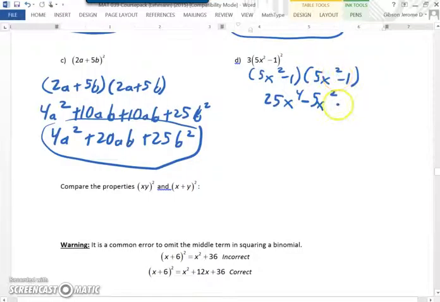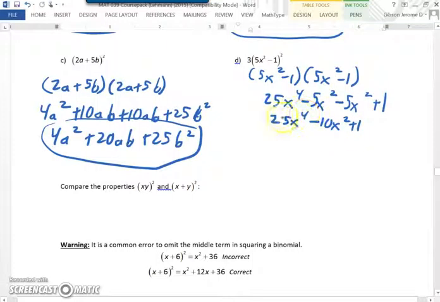Negative 1 times 5x squared is a negative 5x squared. And negative 1 times negative 1 is positive 1. Now, we combine like terms. We have 25x to the 4th minus 10x squared plus 1.